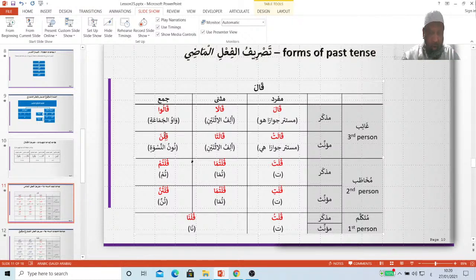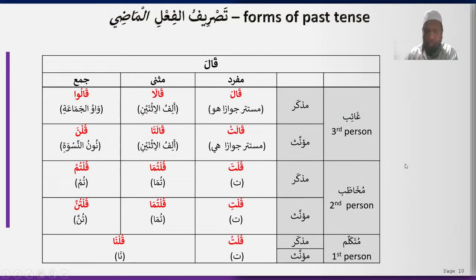And because here the original was the waw, the first letter will get a dhamma. So قال قال قالوا قالت قالتا قلنا قلت قلتما قلتم قلتي قلتما قلتن قلت قلنا.